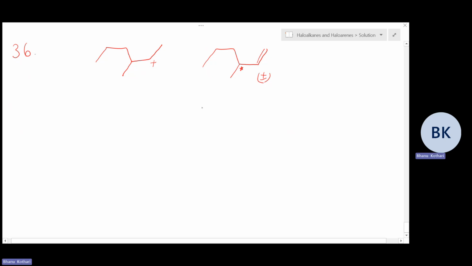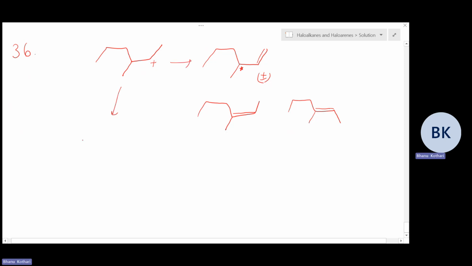We can get this alkene also, in which geometrical isomerism is possible. We can get cis or we can get trans also. This particular alkene may be possible, cis or trans. Further, this carbocation can get rearranged also.